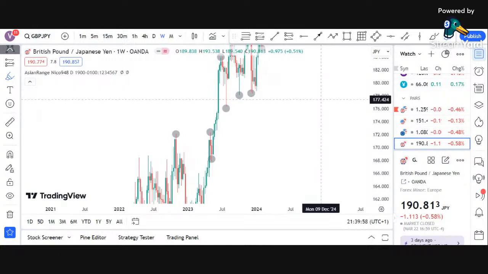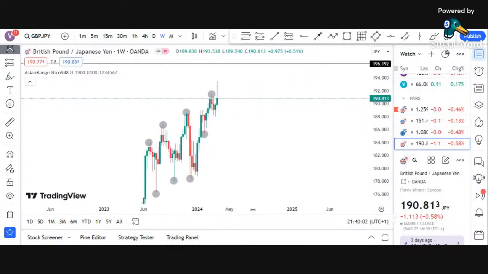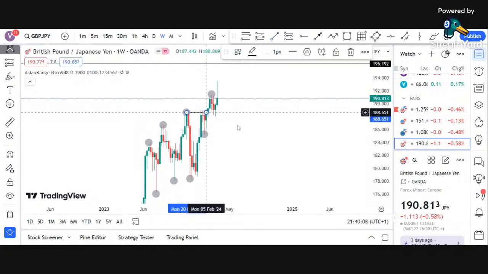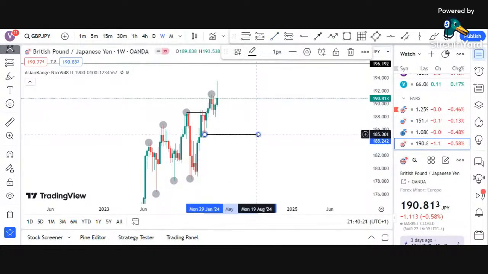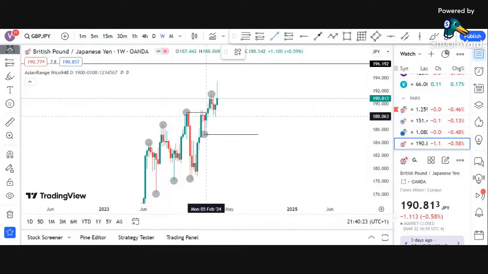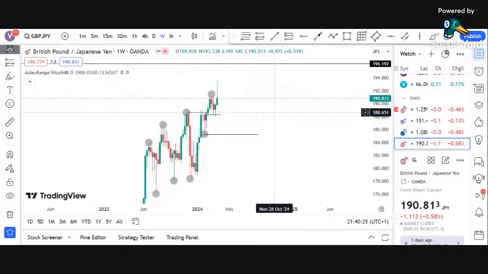I don't really trade this, but I just want to show you. Maybe you can take advantage of the buy to take out that liquidity or that range above. All right. So currently this is it, and price even traded off that other block to the upside.